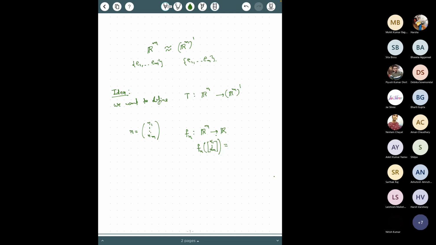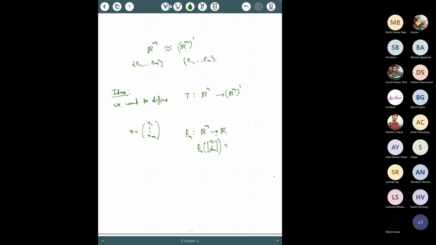So that means a linear map from Rm to R. And this function should be dependent on this x because we want to relate vectors in Rm with functionals. This is what we want. We want to define an isomorphism from Rm to Rm dash. So we have to relate elements here with the elements here. This is what we want.